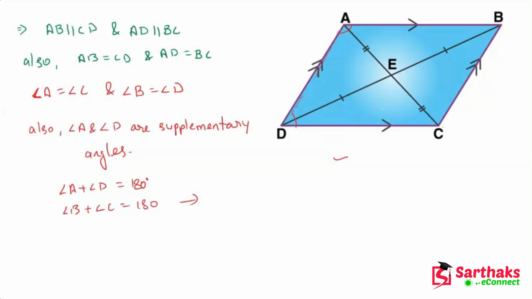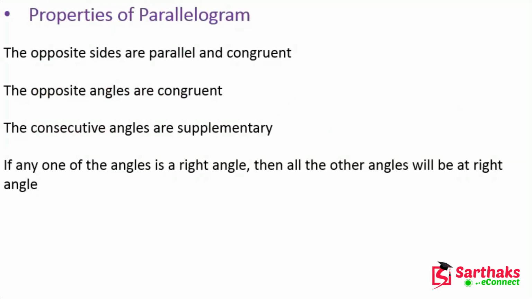So now let's see the properties of a parallelogram. The opposite sides are parallel and congruent. We know that very well. Opposite angles are congruent, meaning equal.